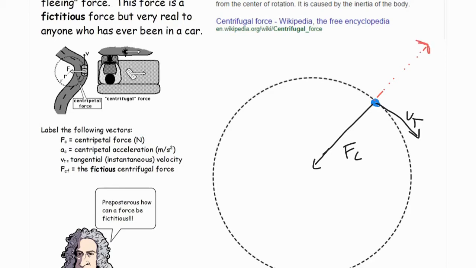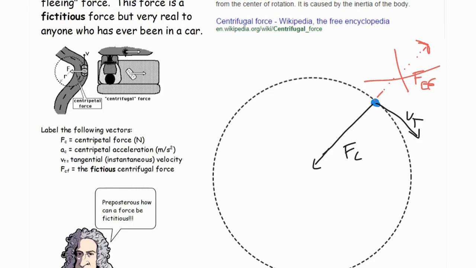Now we have a name for that as well, and that's the centrifugal force, although I'm going to put this F here because that is a fictitious force, meaning that it does not exist. However, it feels very real. If you've been in a car and you're going around a circle, I've played this game lots, and you're slamming someone up against the car door, it feels like there's a force acting outwards. When in fact, centripetal forces are acting inwards into the center of the curve.